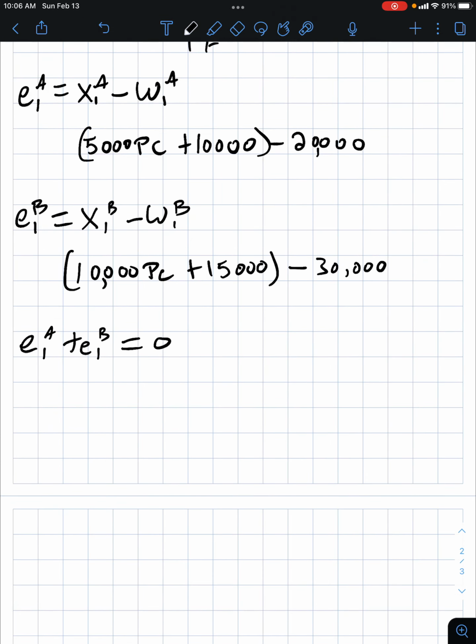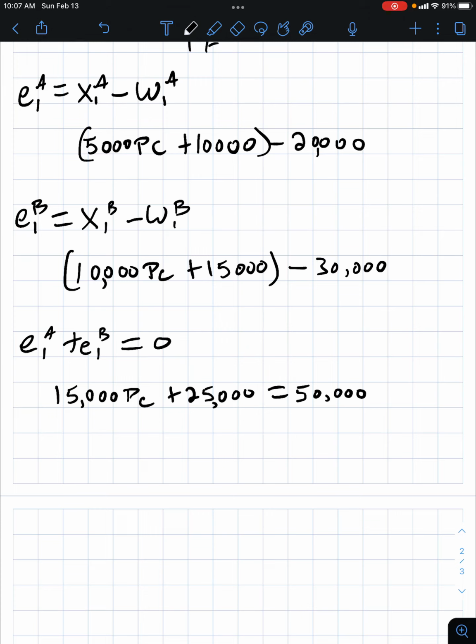So to solve for PC, we have 15,000 PC plus 25,000, and this is going to be equal to 50,000. And how did I get that? Well, I just added 10,000 PC and 5,000 PC.